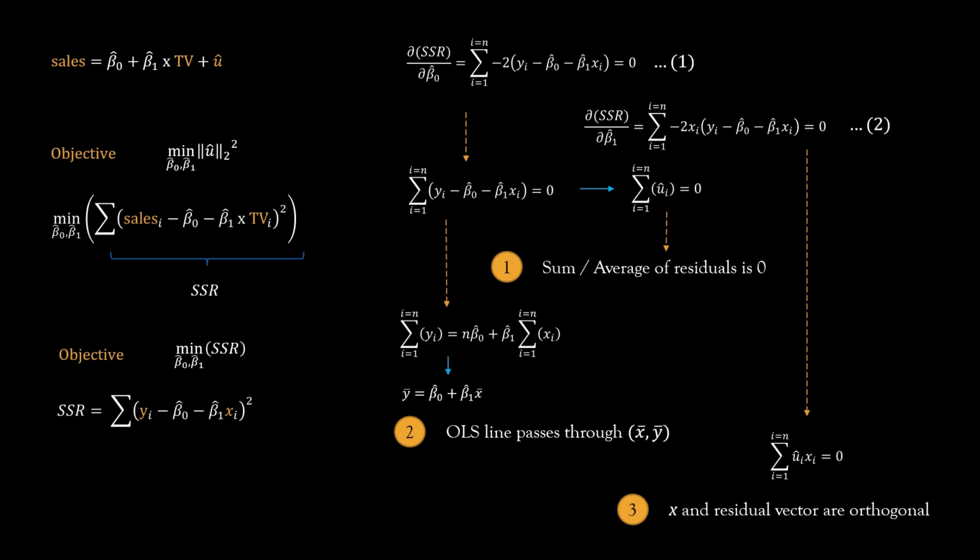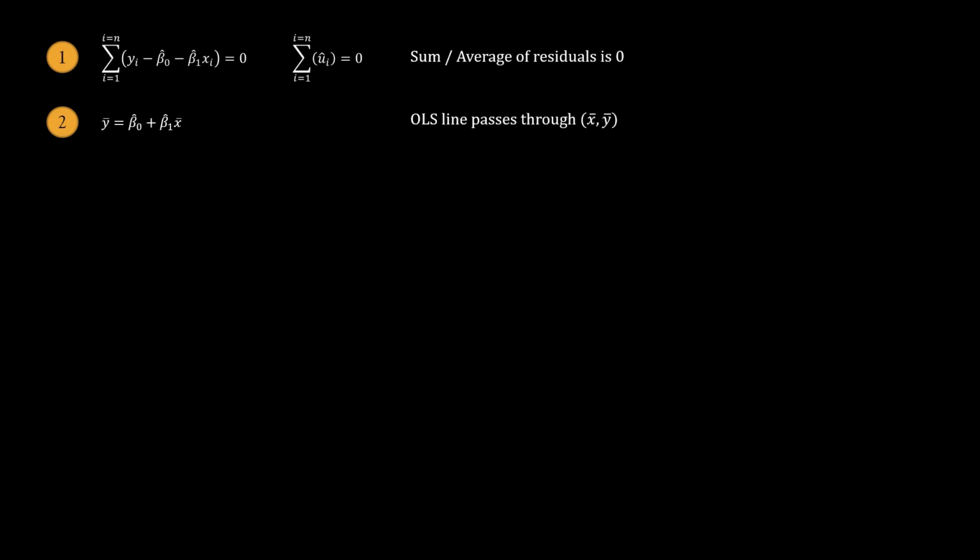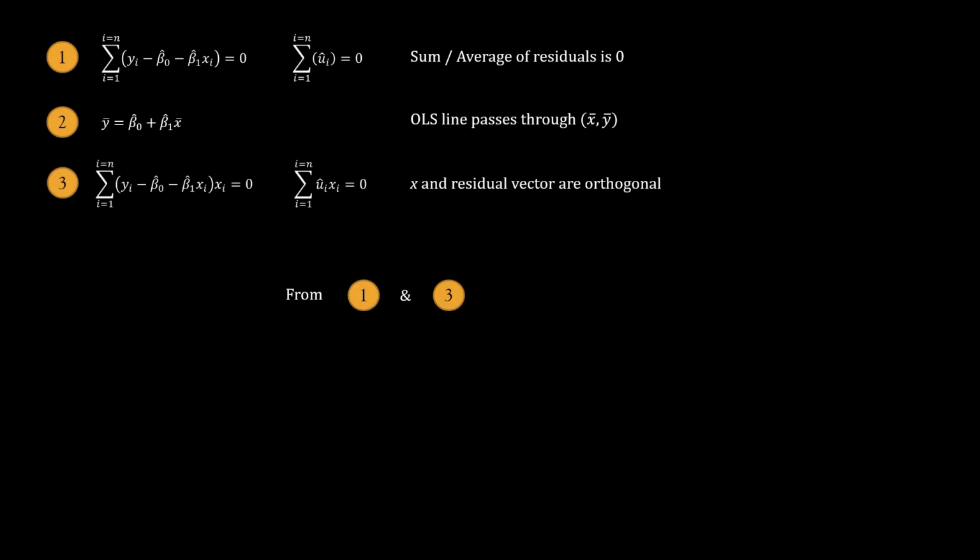Note that all these results are enforced by the OLS estimator, meaning when we use OLS estimates for betas, we land with these results as a byproduct. Here is the summary of the results so far. From 1 and 3, we get the estimate for beta 1, and then using 2, we get the estimate for beta 0.